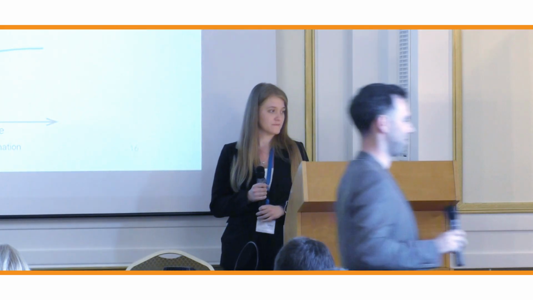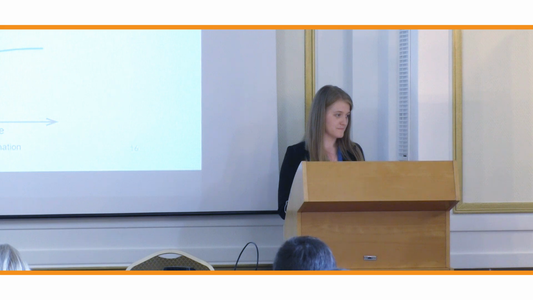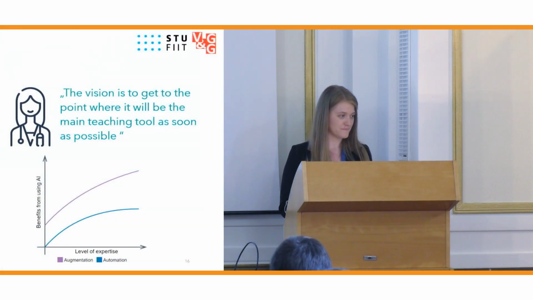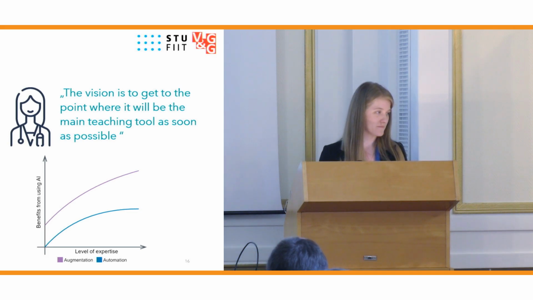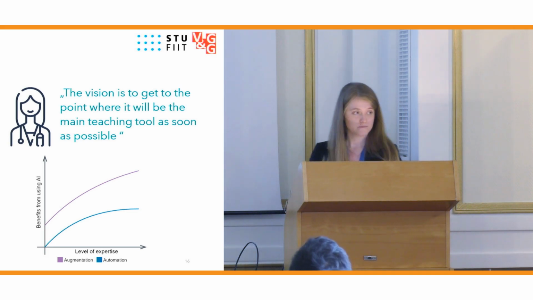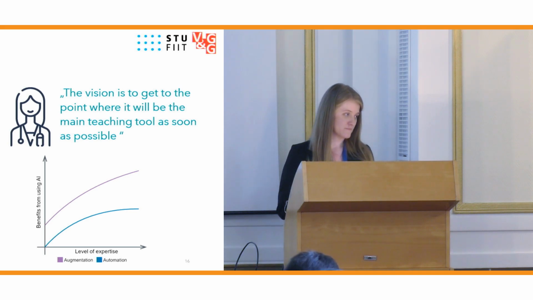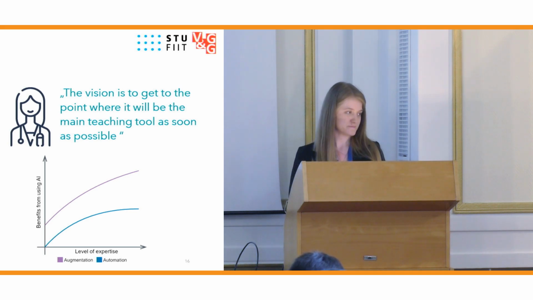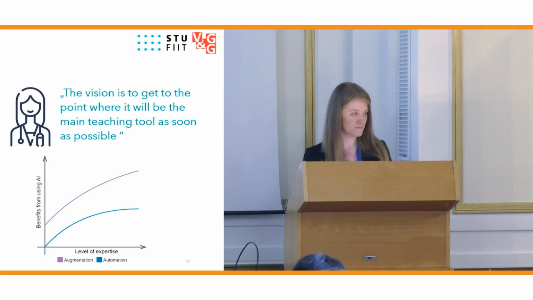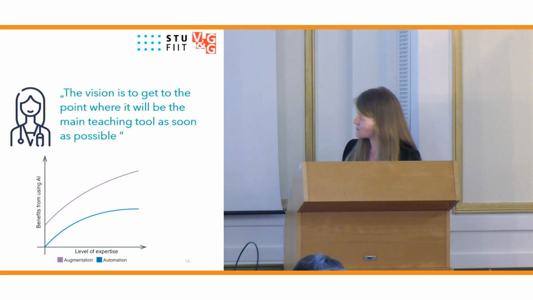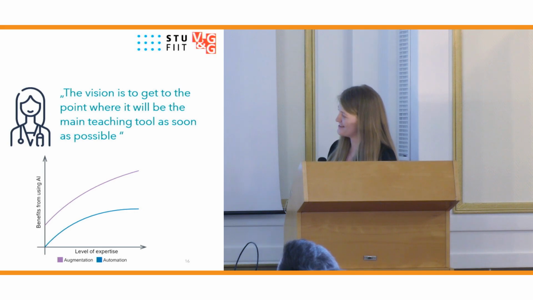Maybe some last question? So, thank you. Making sure I've understood your explanation: if we look at this graph that we have displayed on the slide now, and we think of the benefits as the benefits for education purposes, then the purple line, which now starts above the blue line, should actually start below the blue line when they have less expertise and then cross it.